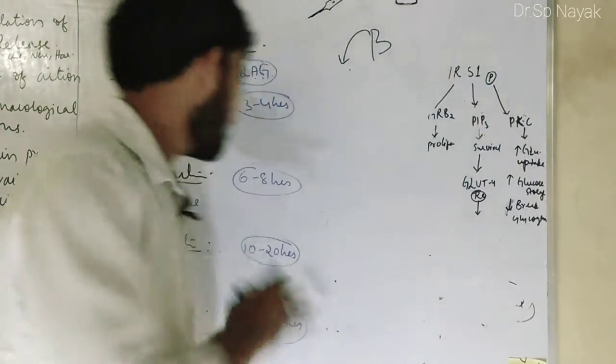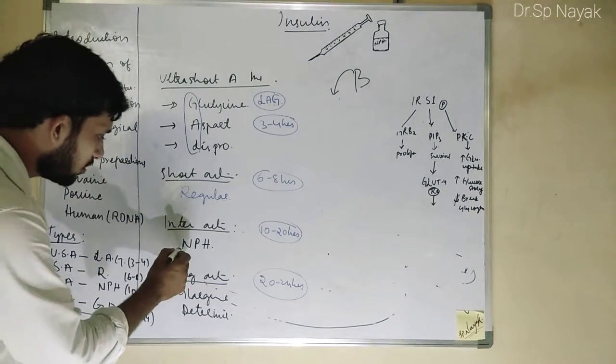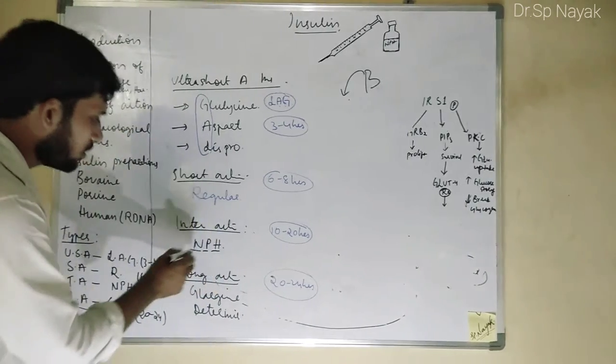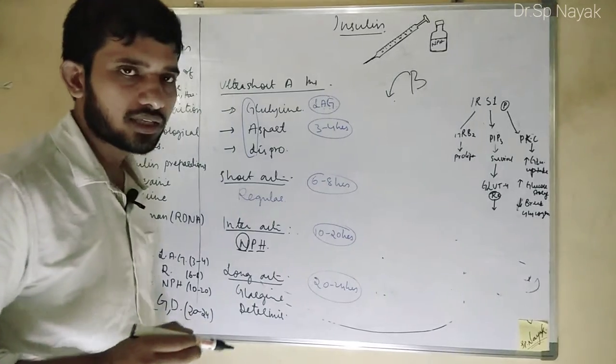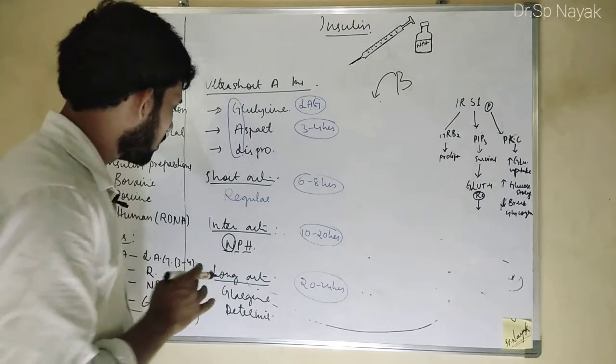Short acting insulin is regular insulin, and no changes are made in this insulin. NPH insulin is neutral protamine hagedorn, so it is a neutral insulin, not acidic or basic.